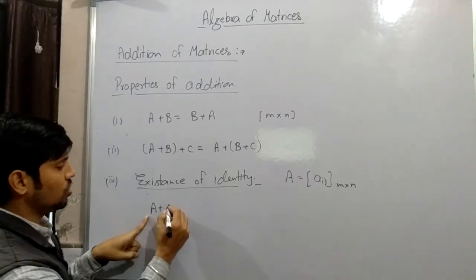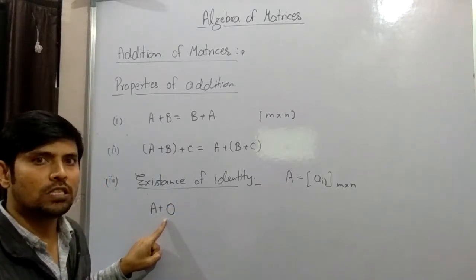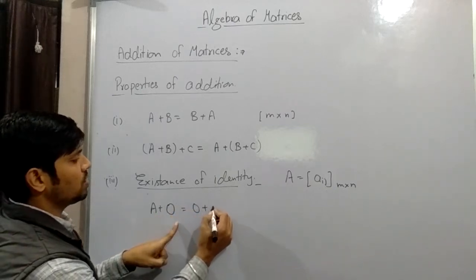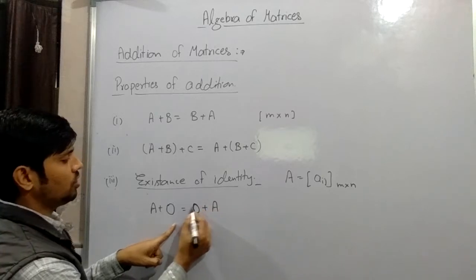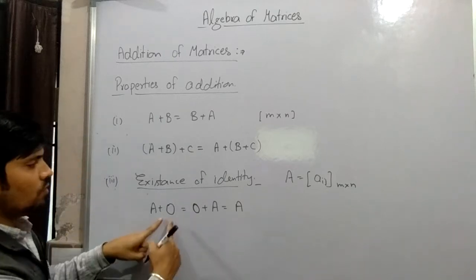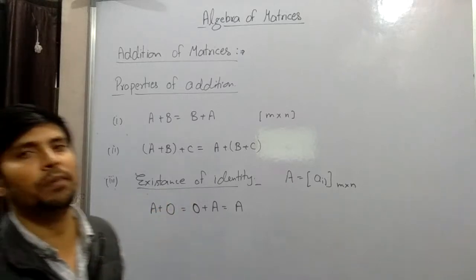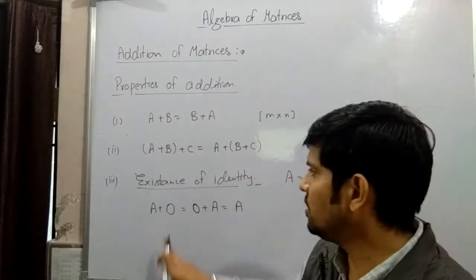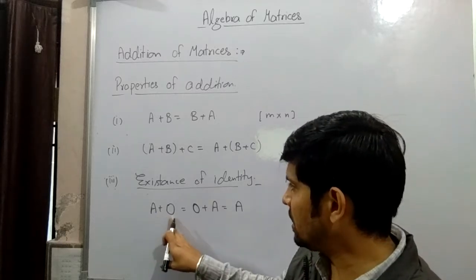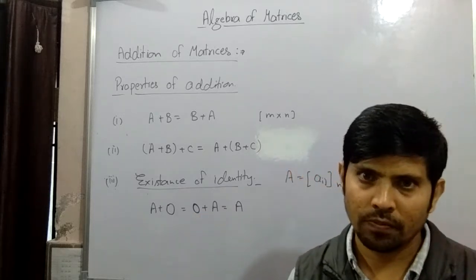Null means 0, the null matrix. Yesterday we discussed the null matrix, whose elements are all 0. And A plus 0 equals 0 plus A, where 0 is the null matrix, and this equals A. Hence, what is 0 here? 0 is the identity matrix for A, because 0 plus A or A plus 0 remains the same, equal to A.